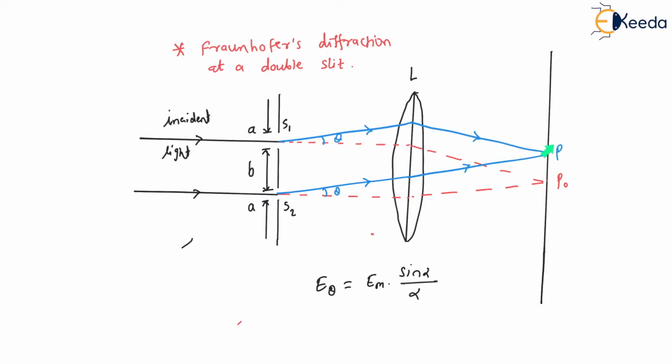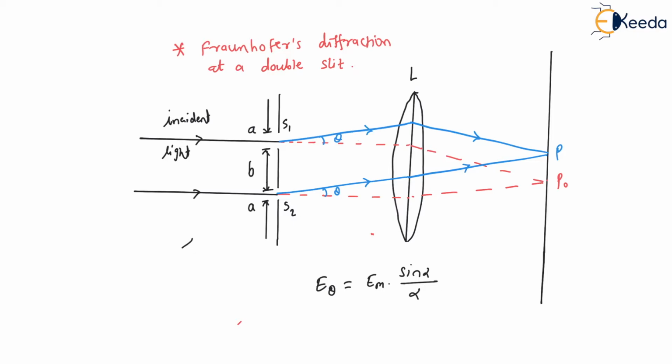Now see, the interesting fact when we consider a double slit is that at this particular point P, whatever diffraction pattern we are getting is due to the diffraction by a single slit, as well as the interference due to these two waves starting from these two different slits.